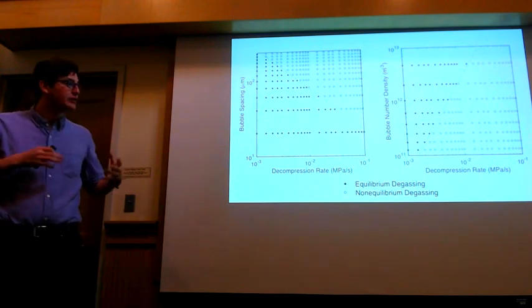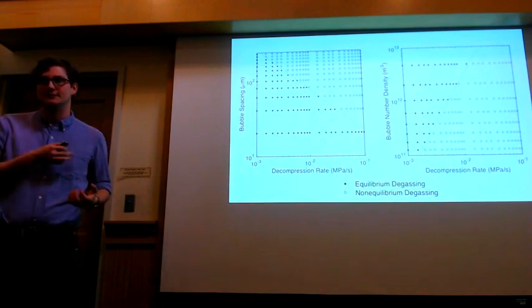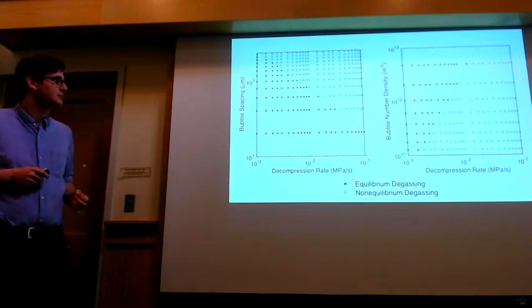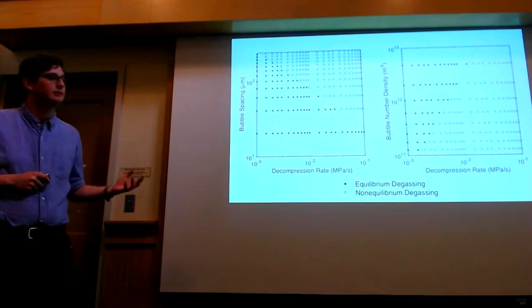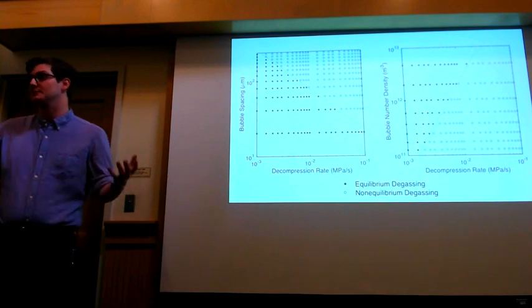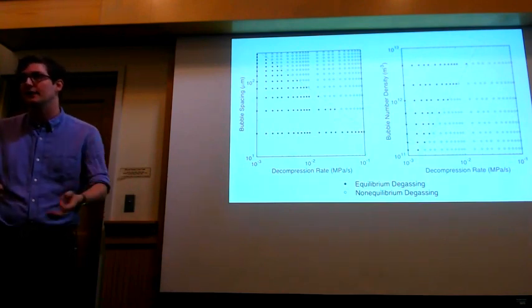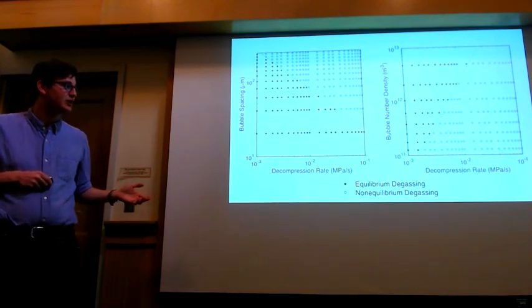And what you can imagine is how a magma may travel along this plot. So if you start out, let's say, in non-equilibrium, and you're ascending fairly quickly, but your ascent causes more bubbles to nucleate. And so as bubbles nucleate and grow, then you're reducing the spacing between them. And so you'll reduce the spacing, and if that doesn't change decompression rate, then you'll travel downwards.